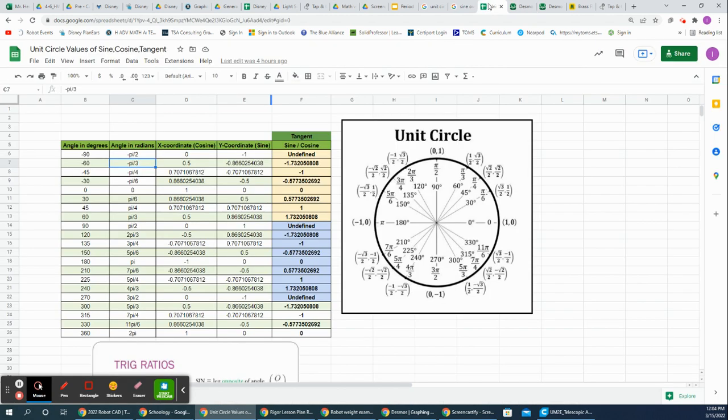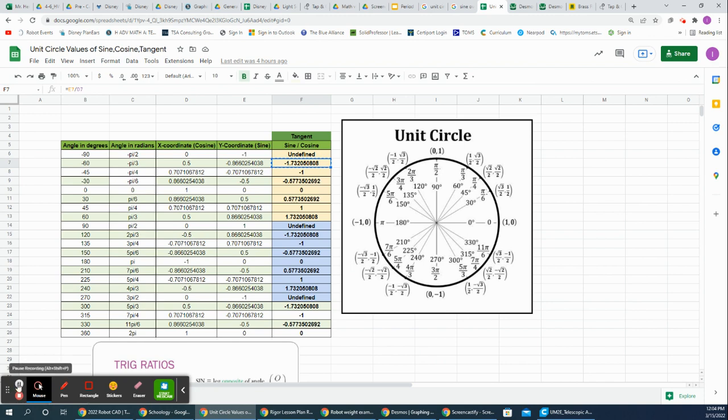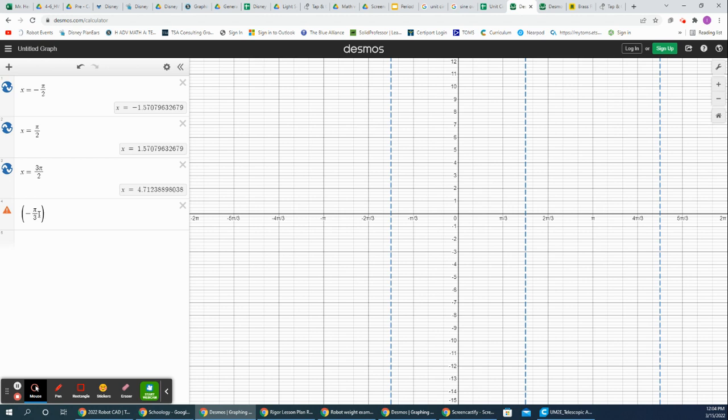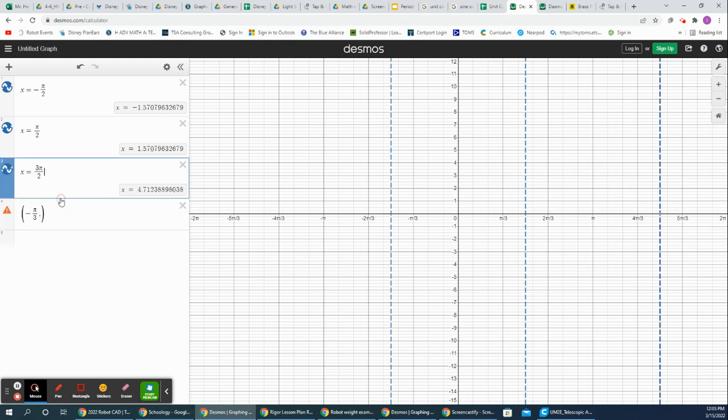All right, so let's go back to the table. This value here, let's copy it. And then we're going to put it here and paste it. Yay, it worked. So that's my first point.